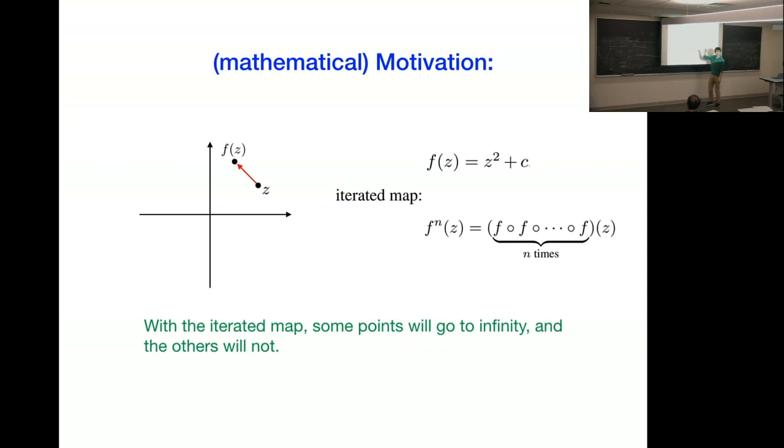We apply this mapping over and over many times. Then we find that the point can either flow to infinity, or simply move locally inside some region.